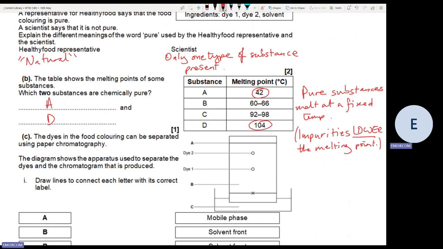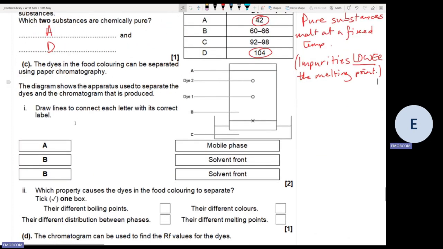But if I did have information about the melting point of a pure substance, and then I was asked to work out which of the samples I'd been given was most pure, I would never go for a sample that had a melting point above that of my substance, because if it's higher, then that means that it's just a different substance present. So it can't be whatever one they're asking about.